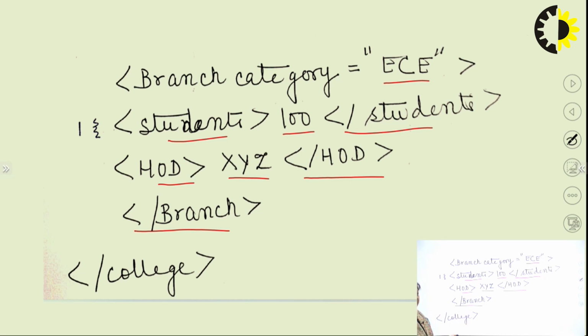And finally at the last we can see that I have even closed my college tag. So inside the college tag I have two branches. The first category was IT and the second one was ECE. In the first branch category I had assigned students as 60 and HOD as ABC, so the level was 0. Now at level 1 for another branch category, that is ECE, I have assigned the value as students 100 and as HOD XYZ, and I have finally closed my college tag.